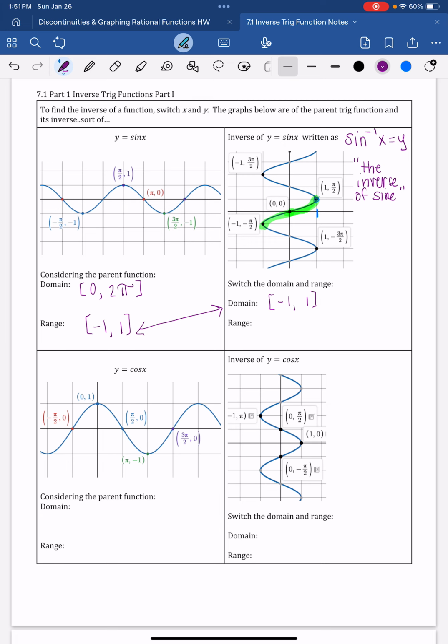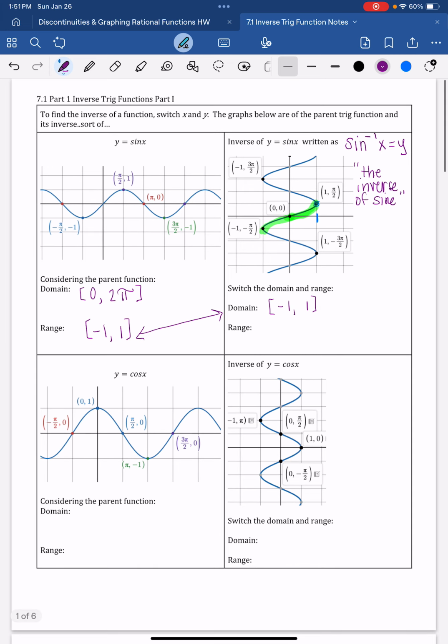The range for the inverse sine curve is from -pi/2 to pi/2. Between 0 and pi/2, that's all my positive values of sine. And from 0 to -pi/2, those are all my negative values for sine.